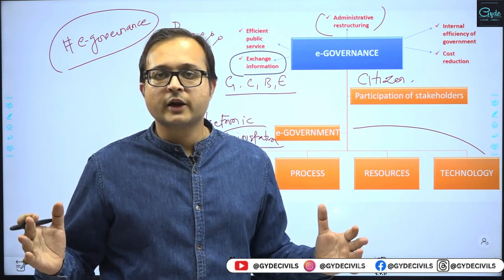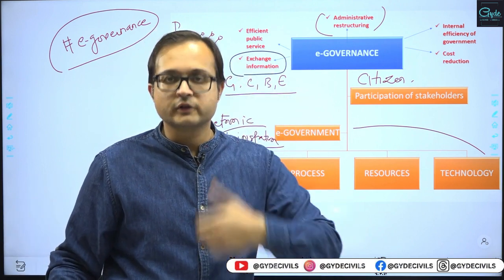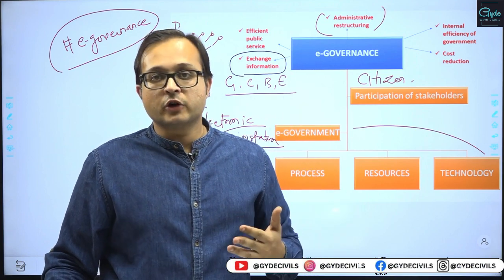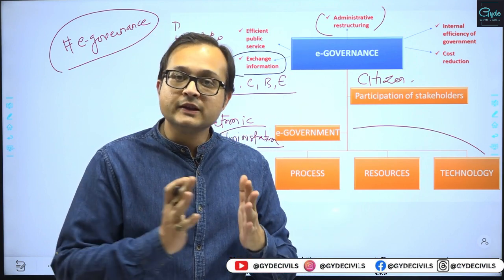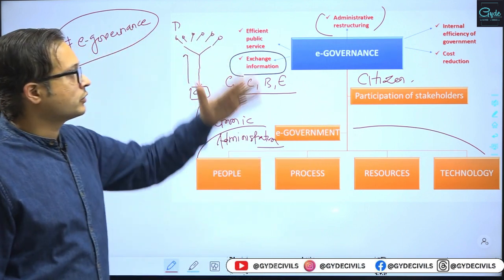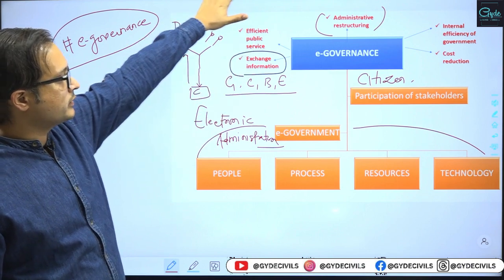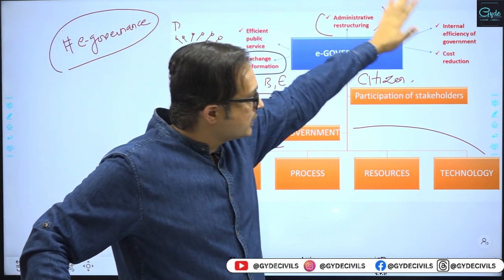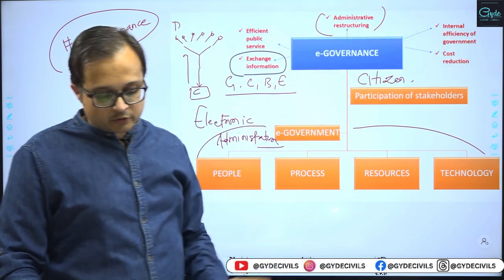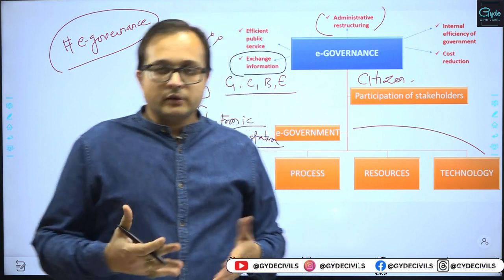But when electronic administration moves outwardly and starts providing benefits to the citizens, and those benefits are delivered over the networks or the digital tools, then it becomes e-governance, right? So these remain the major pillars of e-governance, where exchange of information, efficient public services, administrative restructuring, internal government efficiency, and cost effectiveness of providing governance or reaching governance is catered, right?